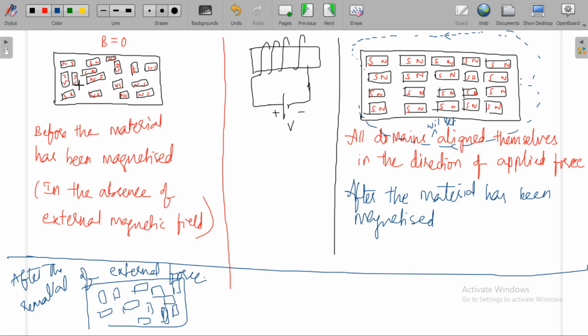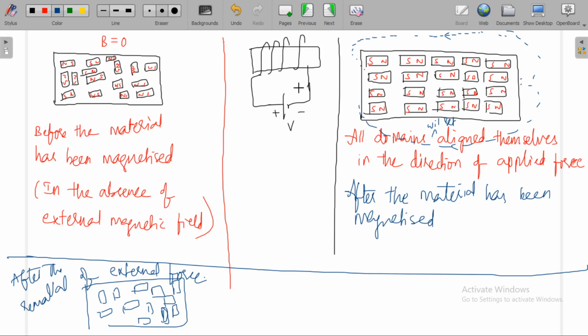You're going to have randomly distributed magnetic domains.